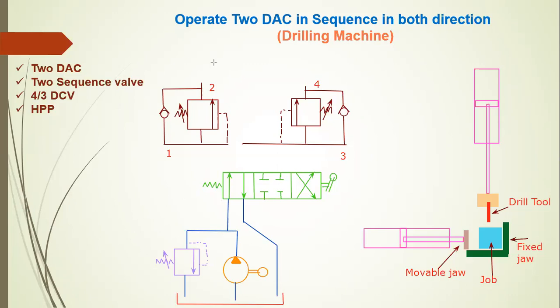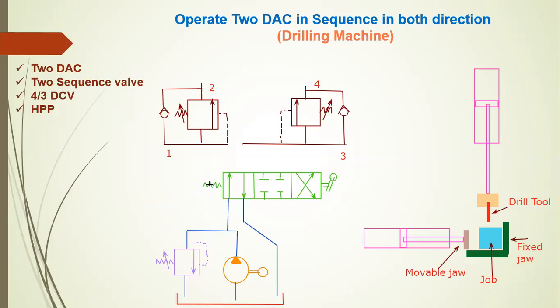This drawing, with one pressure relief valve, one hydraulic pump and motor set, and hydraulic tank, is called the HPP.